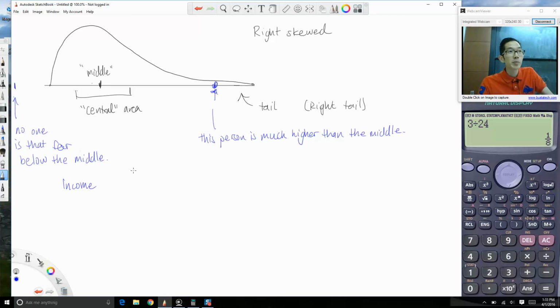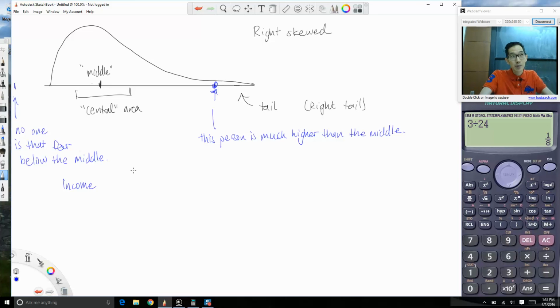Are there people who make $1 million a year? Yeah, okay, not a lot, but there are people who make $1 million a year, okay? $1 million is over $900,000 above average. Even if we said the average is $100,000, which I don't think it is, someone making $1 million a year is 900,000 above average, okay?